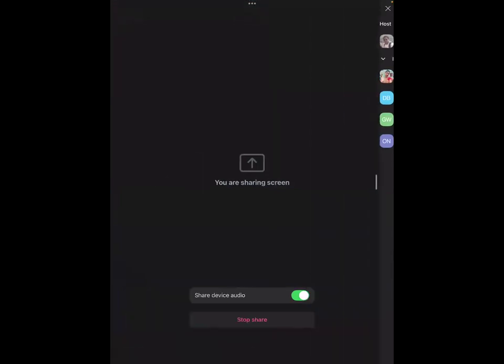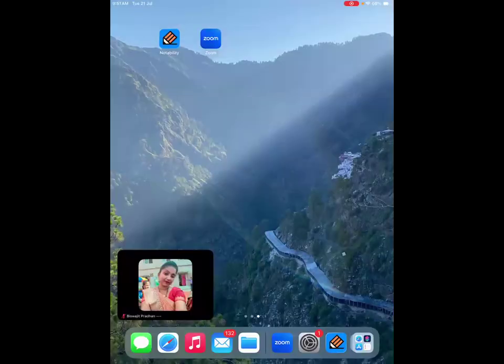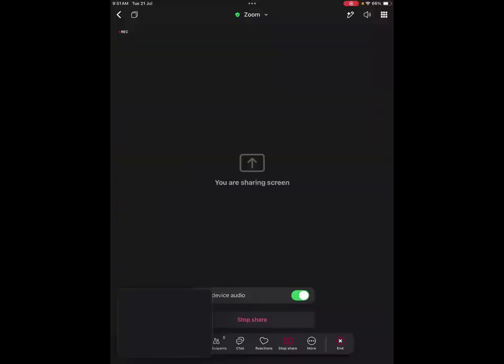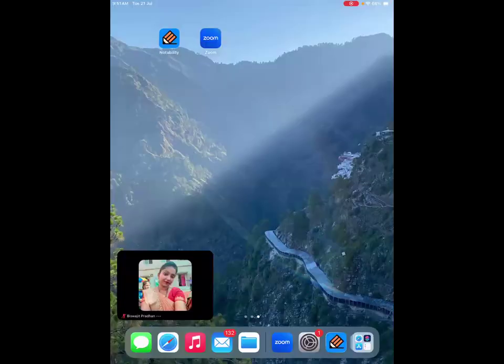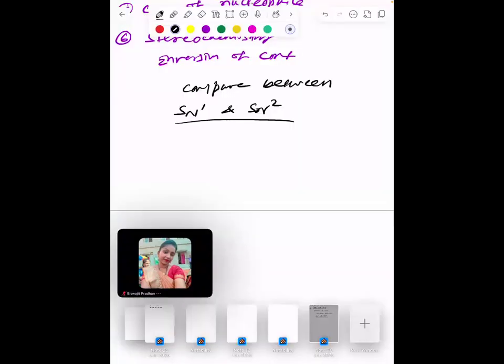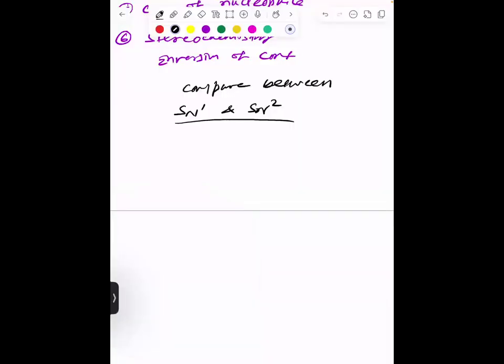Clear? Make it fast. Compare between SN1 and SN2: concentration of nucleophile, nature of haloalkane, all factors.